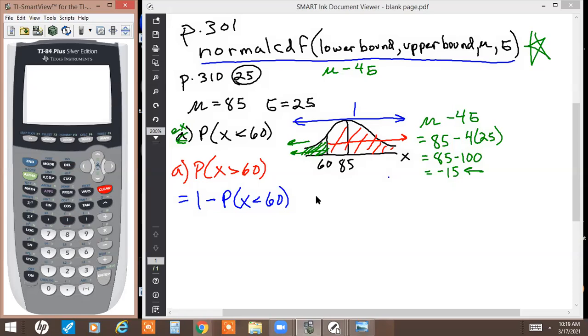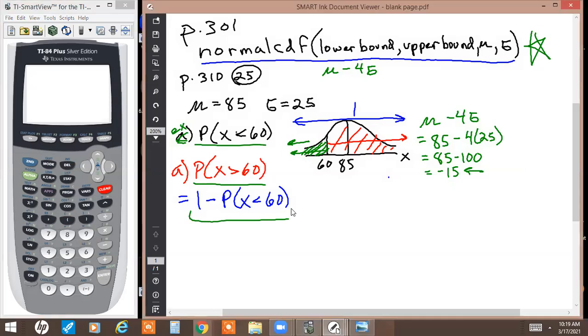So anyway, you should be able to do it like this, where you're entering the same stuff we did to find the probability that x was less than 60. Let's do it more directly.